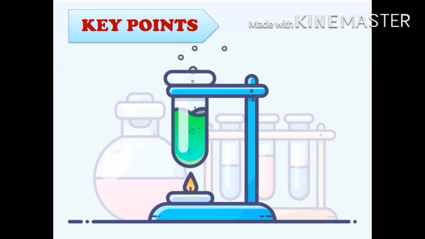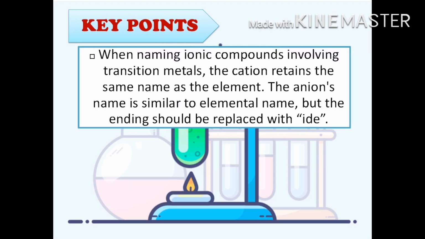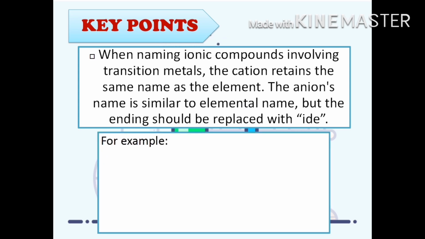Another point that I would like to emphasize when naming ionic compounds involving transition metals is that the cation retains the same name as the element, and the anion's name is similar to the elemental name, but the ending should be replaced with IDE. Just take for example this compound, Ni2O3. Ni is our cation, and Ni is the chemical symbol of the element nickel.